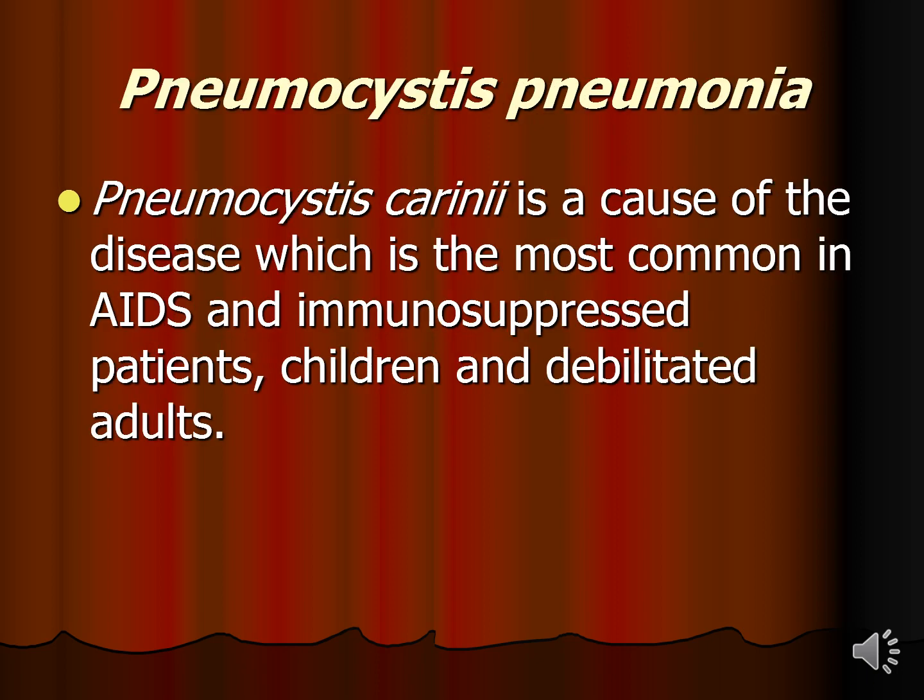The other kind of pneumonia is pneumocystic pneumonia. Pneumocystis carinii is a cause of the disease which is the most common in AIDS. Please remember, this kind of pneumonia is often diagnosed in AIDS patients or immunosuppressed patients, for example.